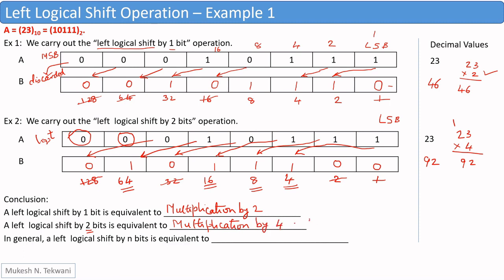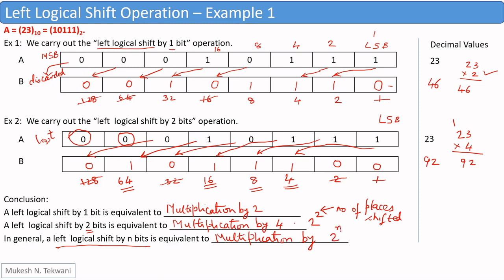But this 4 can be written as 2 raised to 2, and this 2 here represents the number of places shifted. So the number of places by which the bits were shifted. And therefore, in general, a left logical shift by n bits is equivalent to a multiplication by 2 raised to n.